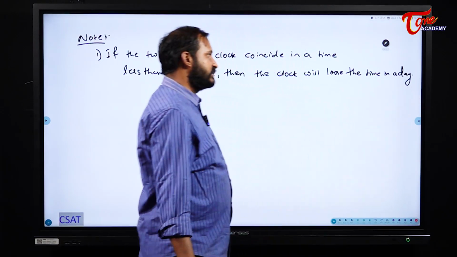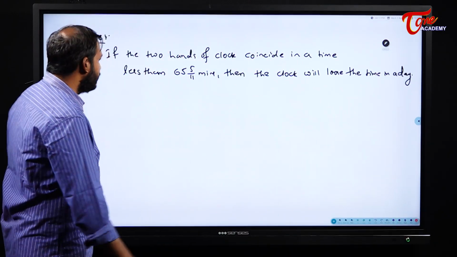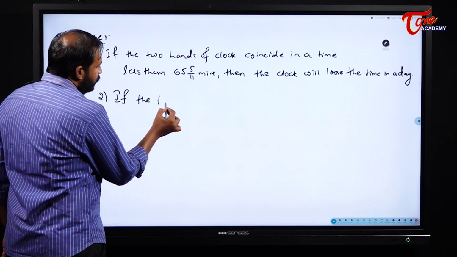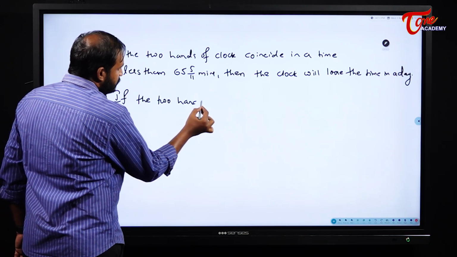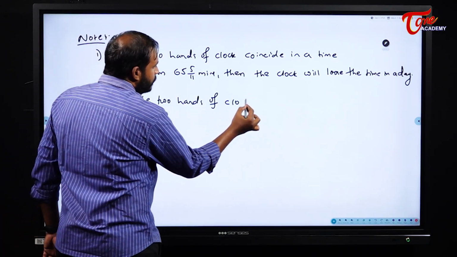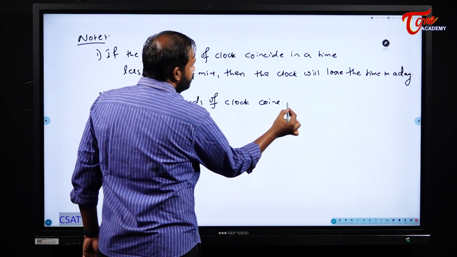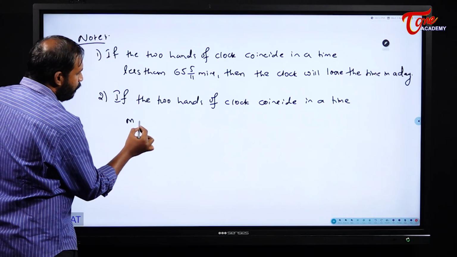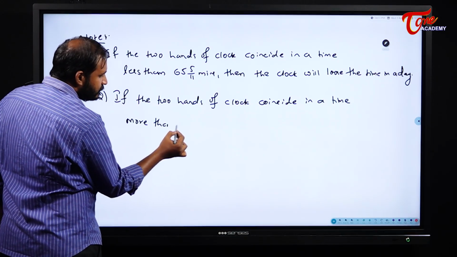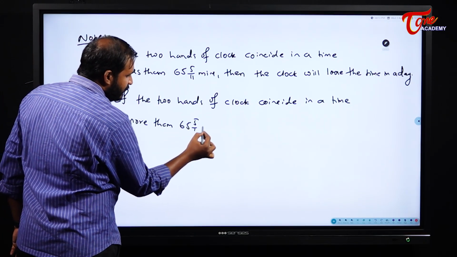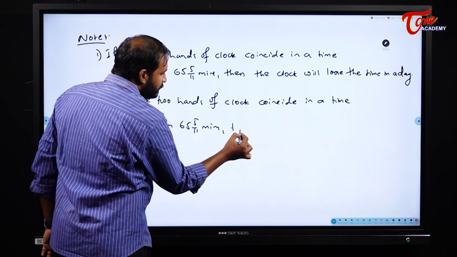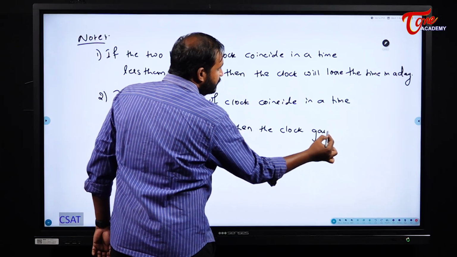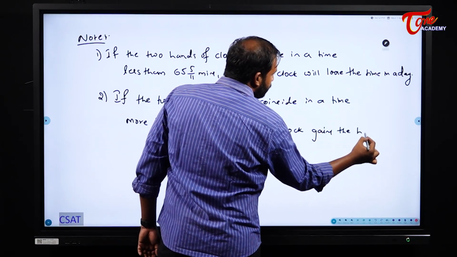Please be careful, students. Definitely it will lose the time in a day. Second one: if the two hands of the clock coincide in a time more than 65 5/11 minutes, then the clock gains the time in a day.